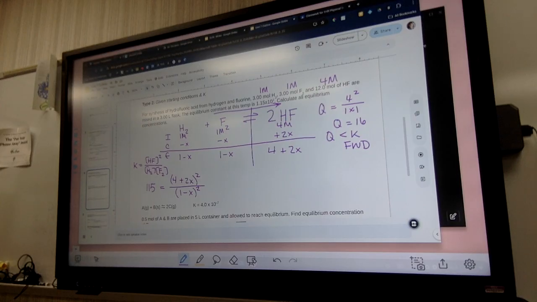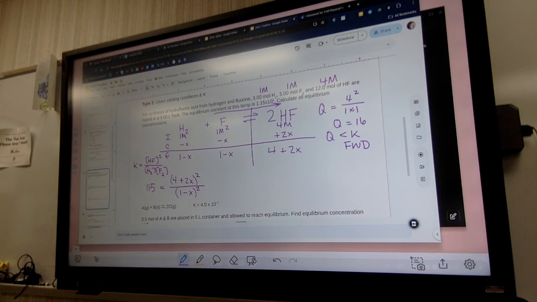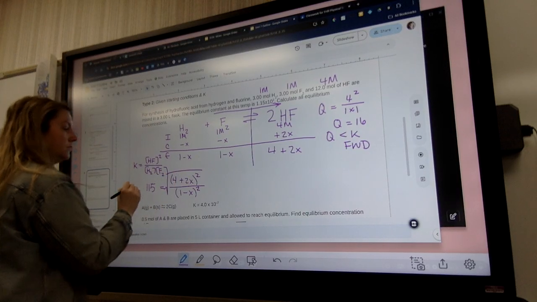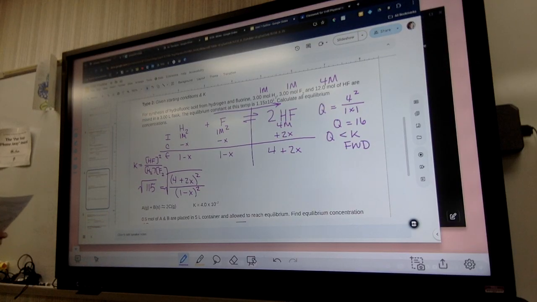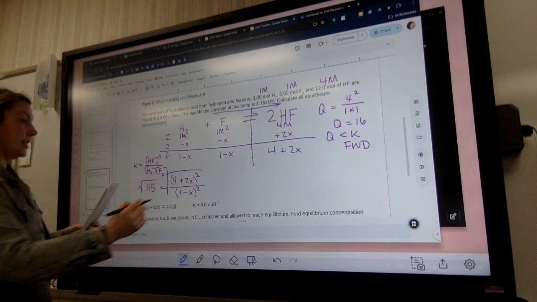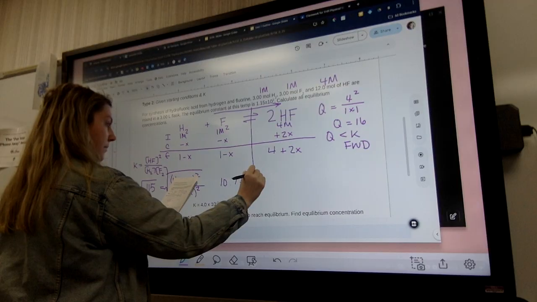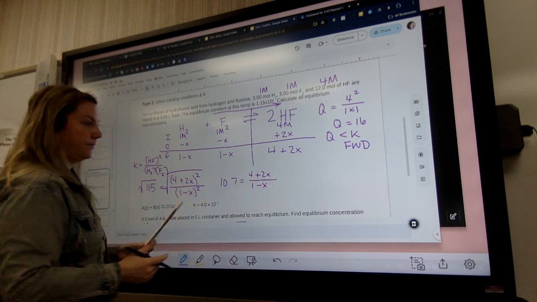But because we have squares in both of these, we can actually take the square root of both sides. So we can take the square root of the whole thing. Okay, so let's do that. So I'm going to get 10.7 is equal to 4 plus 2x over 1 minus x.